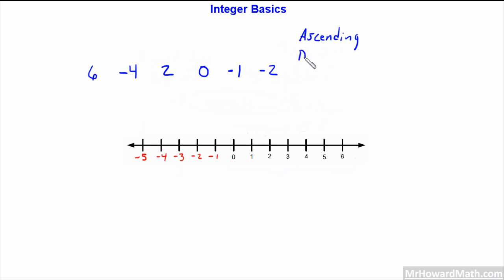and descending. Okay, ascending is always up. Okay, descending is down. Okay, ascending, you can think of it like an airplane.